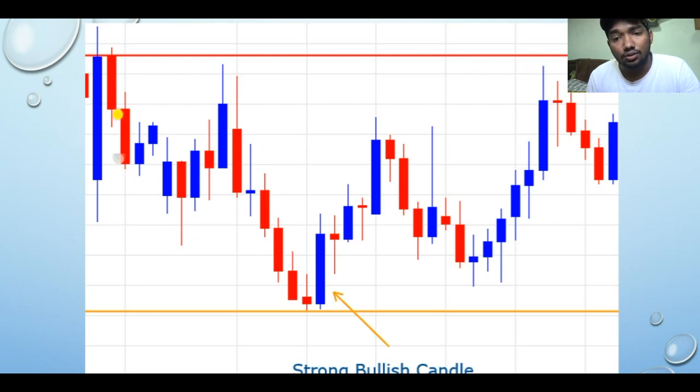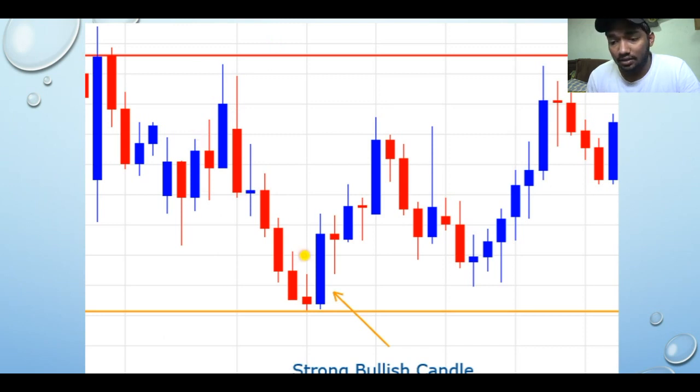Even in the downward move, it will connect here and somewhere else. So the support is the lower line. This is the support, because the price is coming from here. What is resistance? Resistance is this, or this, or this. It will not go up past it. So it will trade between these two lines.